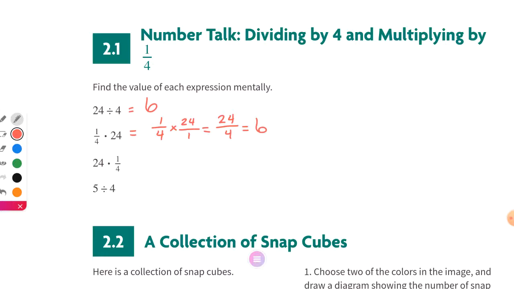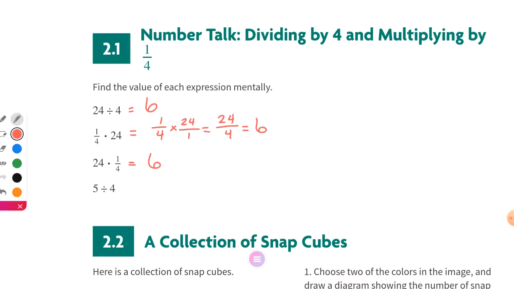So on the first one, I divided by 4. On the second one, I took 1/4 times that same number. And what did we get on both of them? 6. The same answer. Okay, let's look at the next one. 24 times 1/4, what's it going to be? Next one's weird.